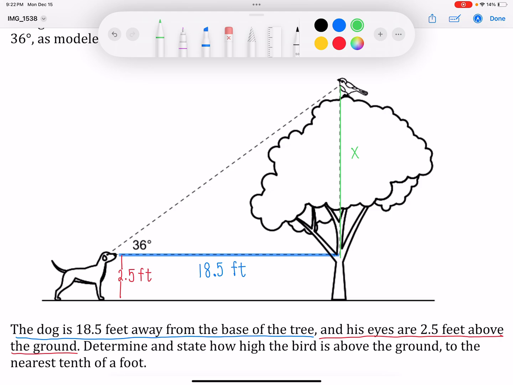So the question I want to ask is, what information do we know and what information do we want to know? So before we do that, we're going to use this acute angle to label all of our side lengths. Now, the side opposite the 36-degree angle is going to be our opposite side.